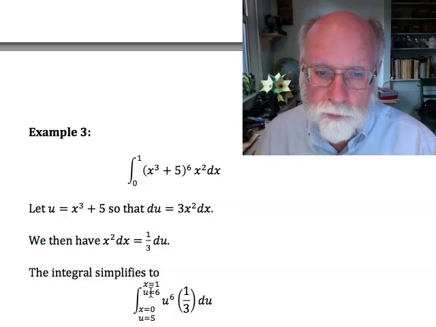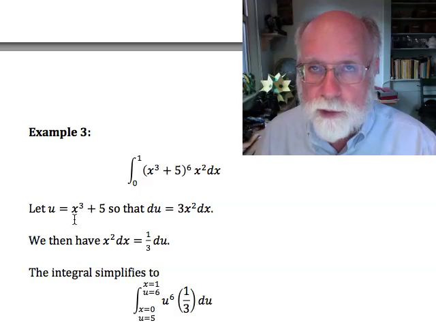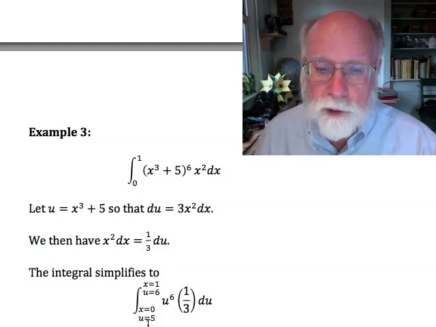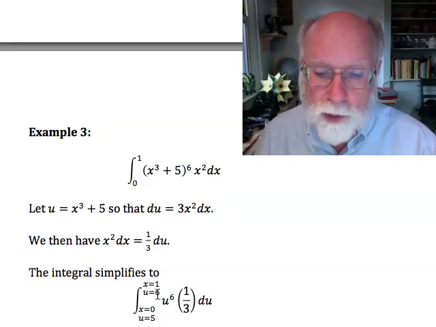Now, where did those come from? Well, if you put x equals 0 in the formula u equals x cubed plus 5, you get u equals 5. And if you put x equals 1 in this formula, 1 cubed is 1, so the value of u when x is 1 is 6. So this integral is between x equals 0 and x equals 1, but in terms of the new variable, it goes between 5 and 6.